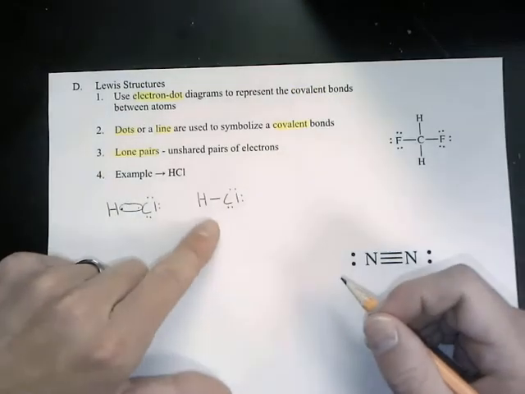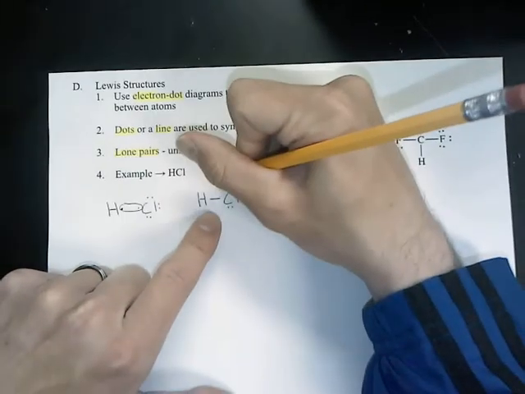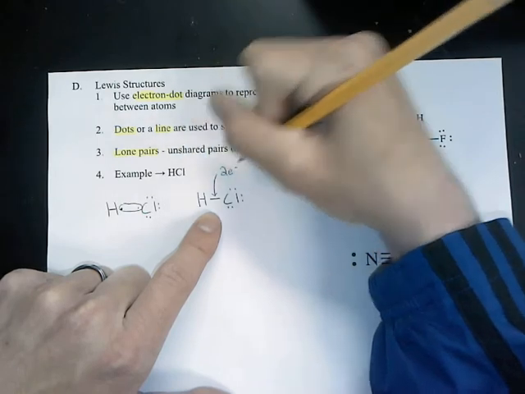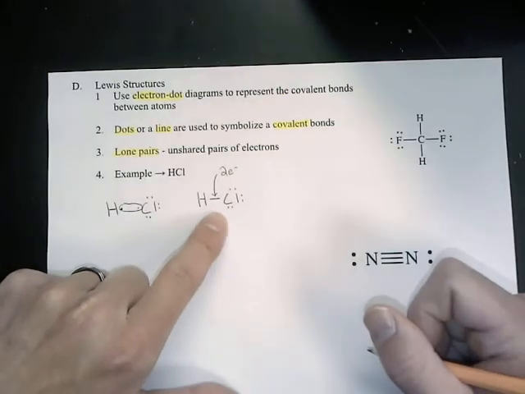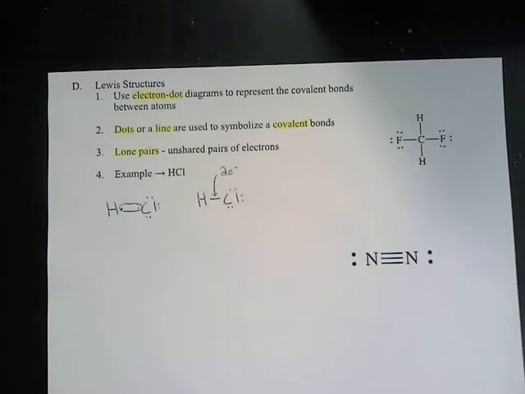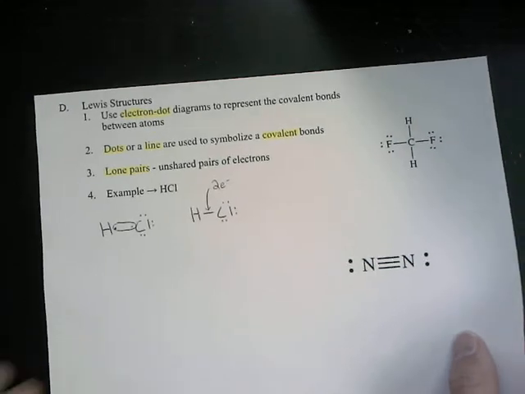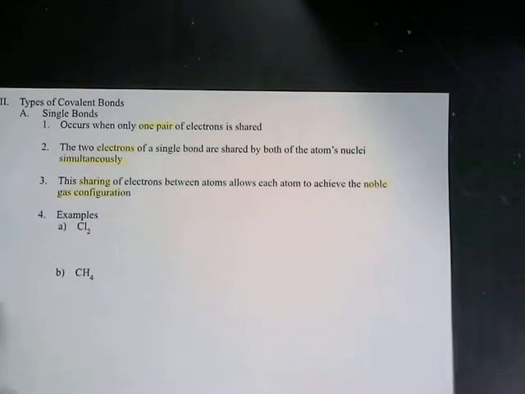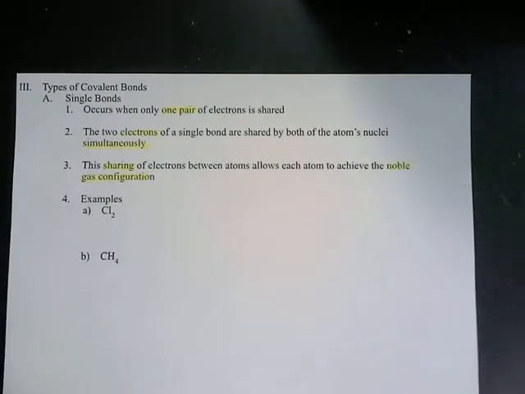This one single line represents 2 electrons that are shared between hydrogen and chlorine in this case. Okay, so now we can talk about the different types of bonds that form with covalent bonds.